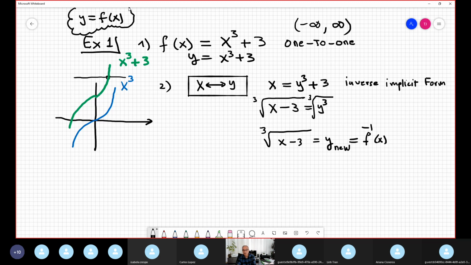Super clear, the inverse function in explicit form, which is the form I want. So the conclusion: the inverse expression is cubic root of x minus 3. And close the box because it's important.